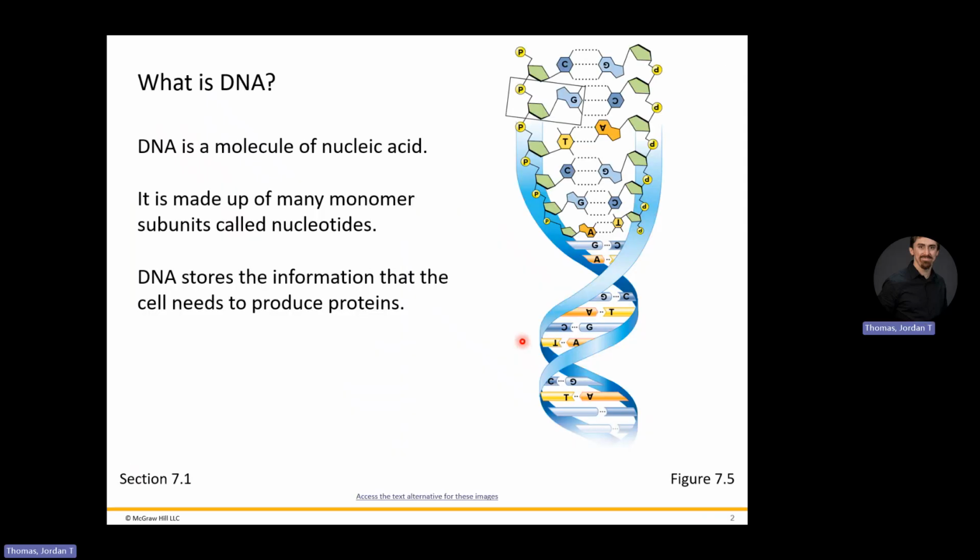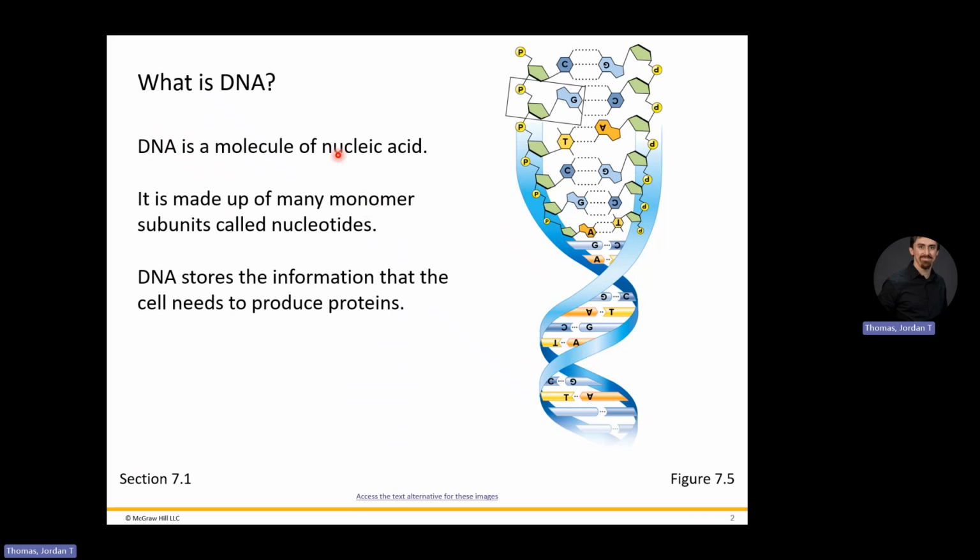So what is DNA first? DNA is a macromolecule, one of the big molecules in the cell. And we have four types. We have carbohydrates, proteins, lipids, and nucleic acids. Each macromolecule is made up of what's called a monomer. Monomers are the building blocks, the Legos that are put together to make these giant molecules.